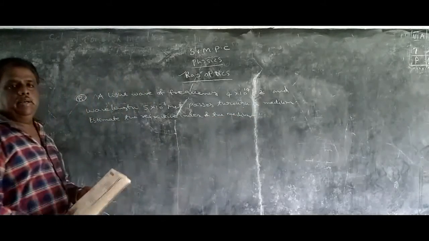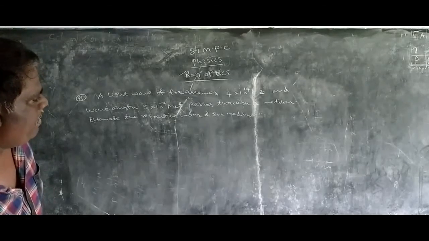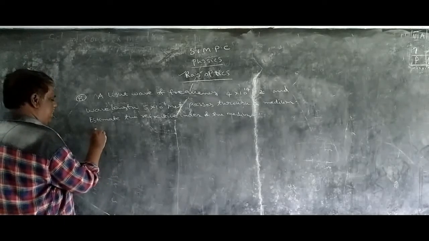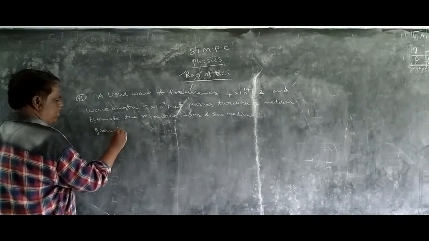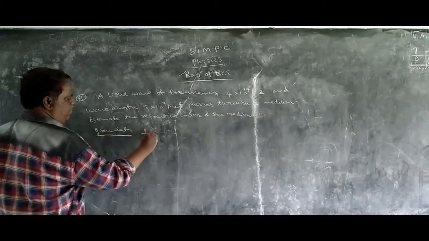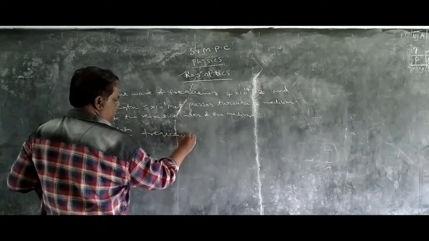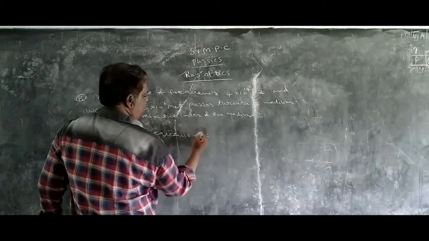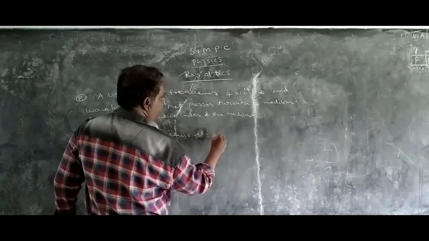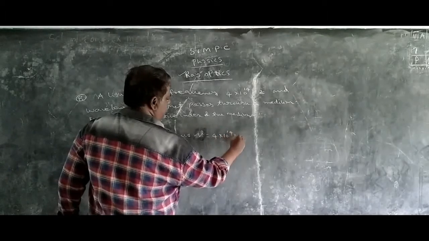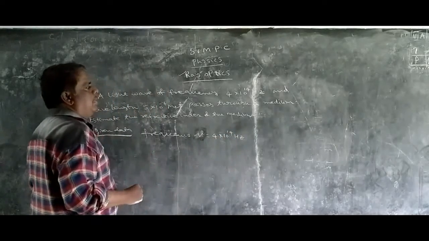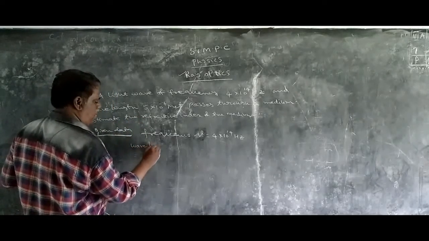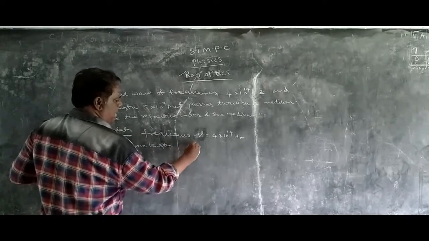So once again, read the problem. Here they have given light wave frequency. So in given data, frequency nu is equal to 4 into 10 power 14 Hz, and wavelength lambda.